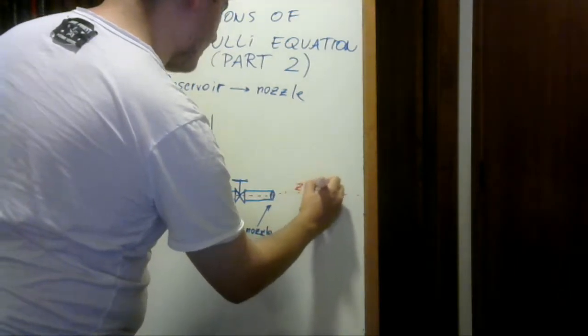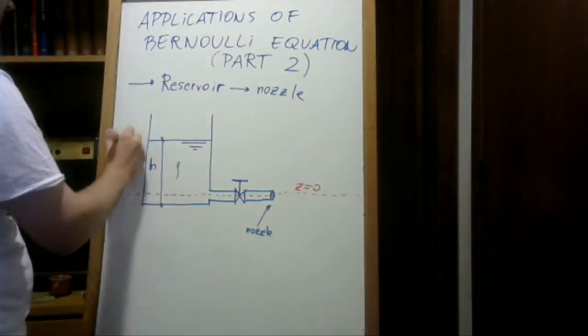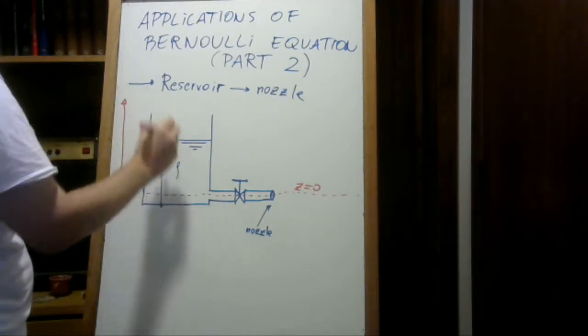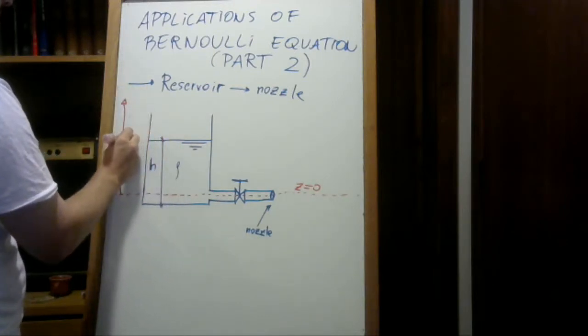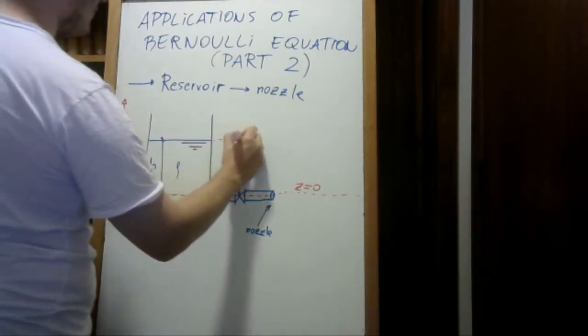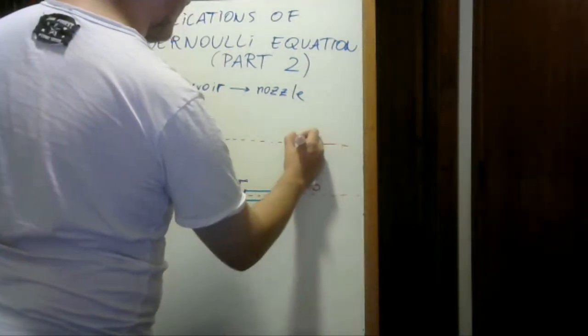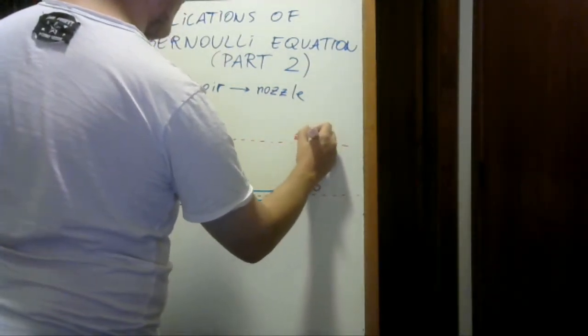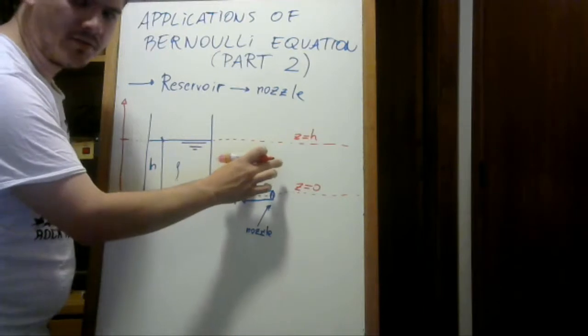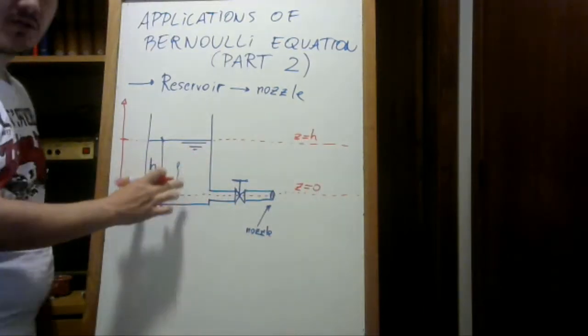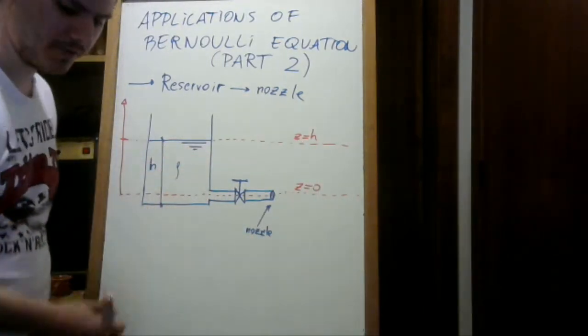Here is z equals 0, and it goes up like this. And here we have z equals h, which is the height of the reservoir.